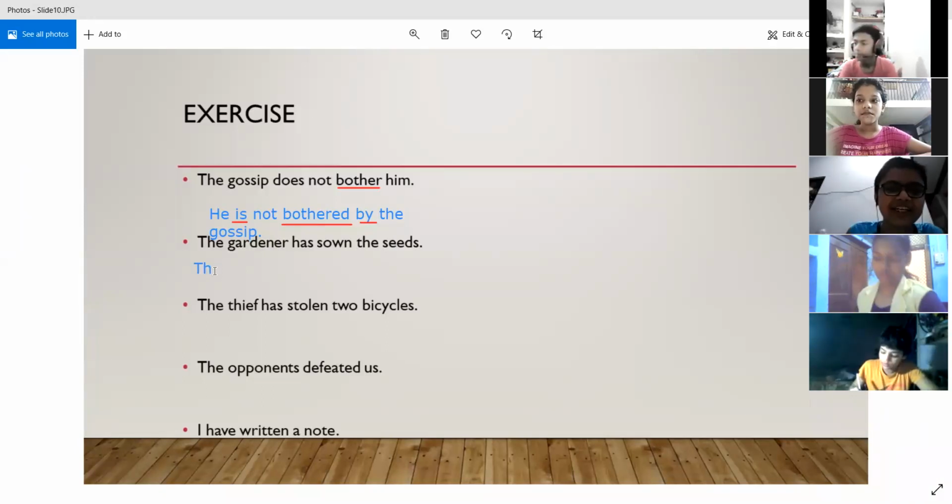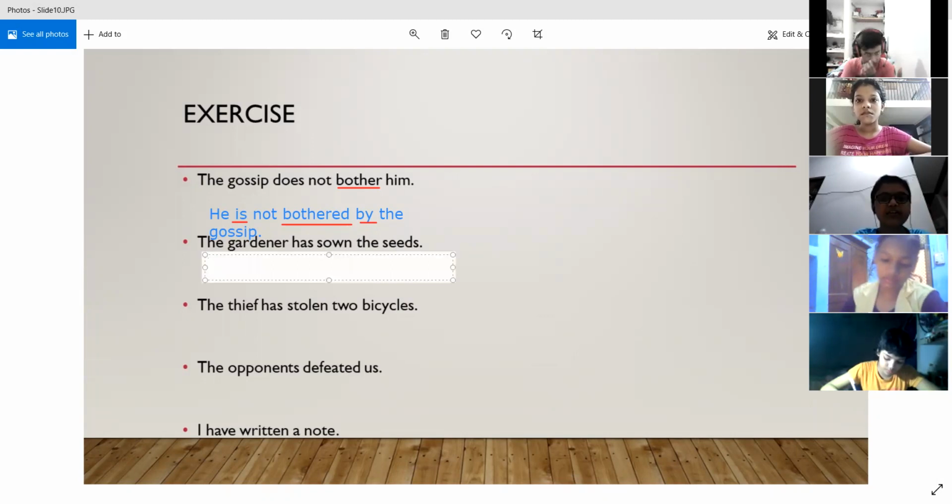Sir, the answer is the seeds have been sown by the gardener. Okay. So the seeds have been sown by the gardener. And why have? Because we are talking about seeds, right? And seeds is plural. So we are going to use have.